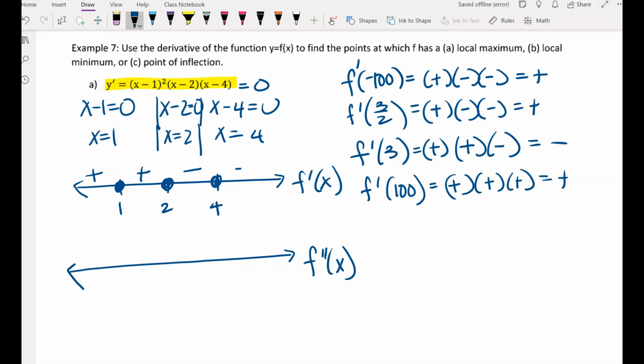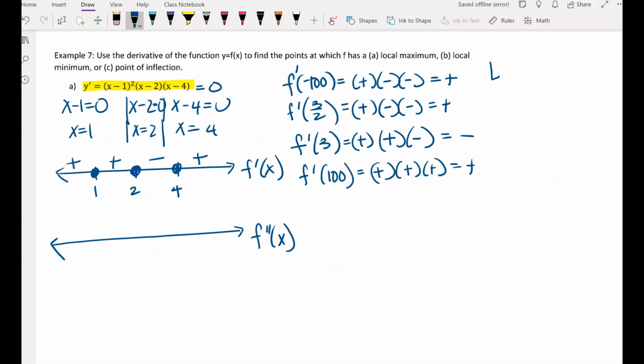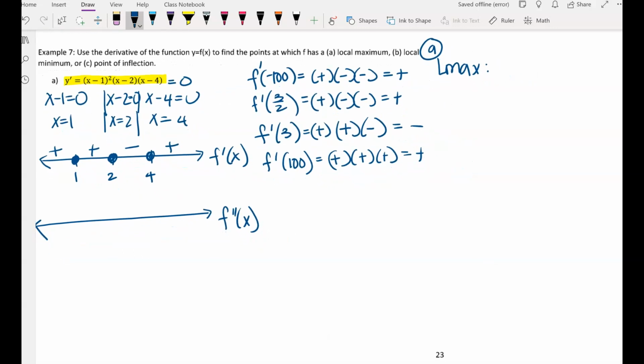All right, guys, ready? I'm going to write down the L min and L max. So A is looking for local max, so L max. And if you guys remember first derivative, the local max is when the first derivative changes from positive to negative, all right? So here is where it changes from positive to negative.